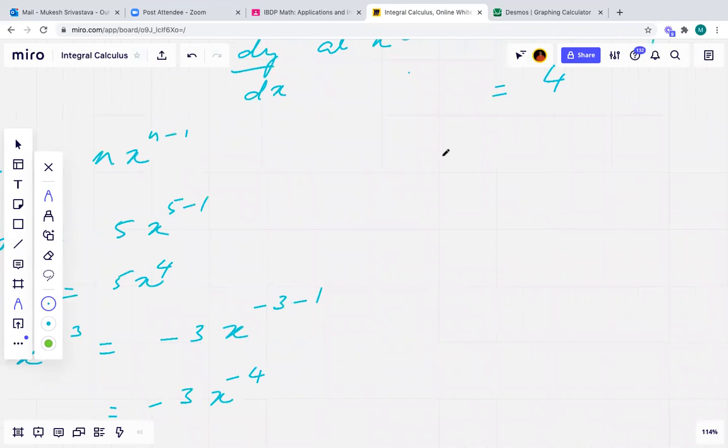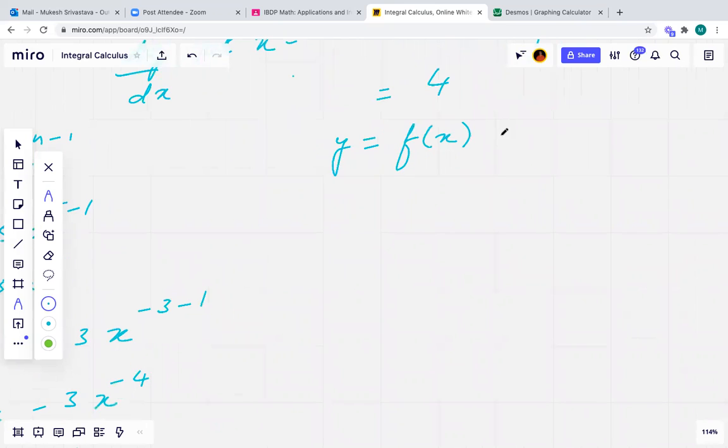Now see, my y is f of x, and f of x is x cube.